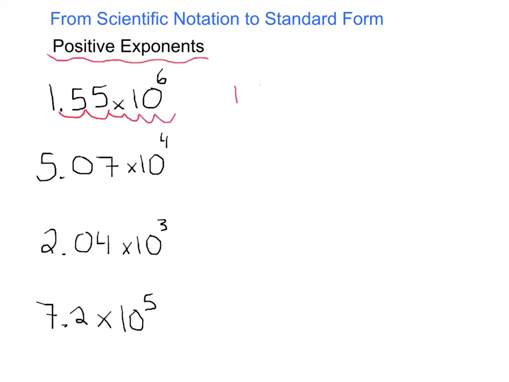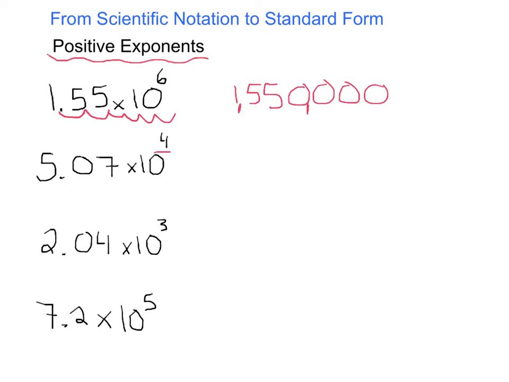So it ends up being 1, 5, 5, and then we have to add 4 zeros. And then we put our commas in, counting 3 from the right. So the number is actually 1,550,000.